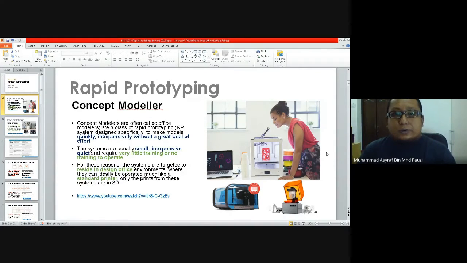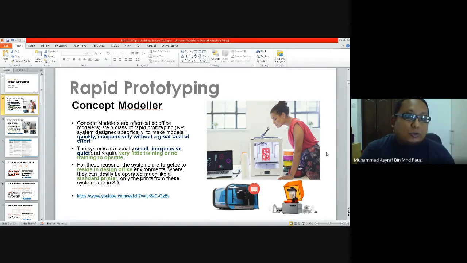This concept modeler, sometimes people call it an office modeler, is a group of technology that is used specifically because it is very quick and cheap.